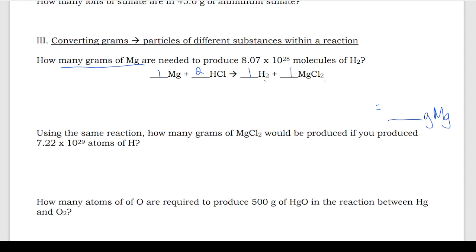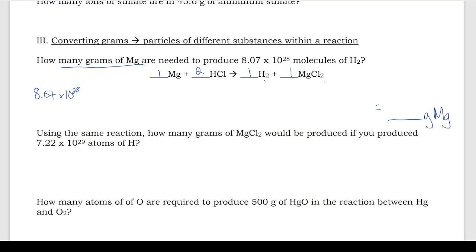Then the other thing that most of you are really good at identifying is your given information. So that includes a number, a unit, and a substance every single time. So what is our given information here? 8.07 times 10 to the 28th.